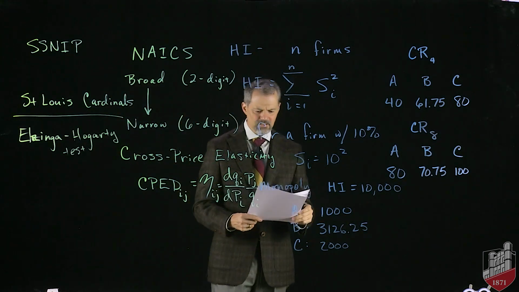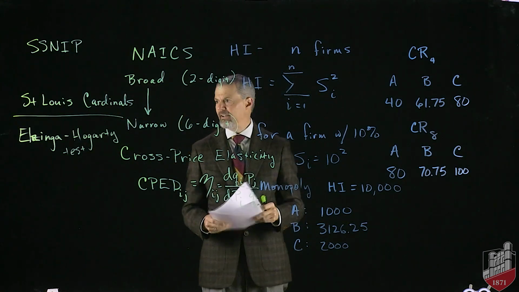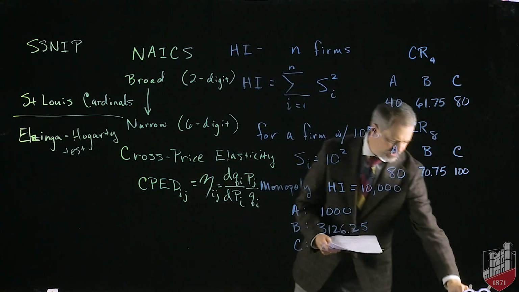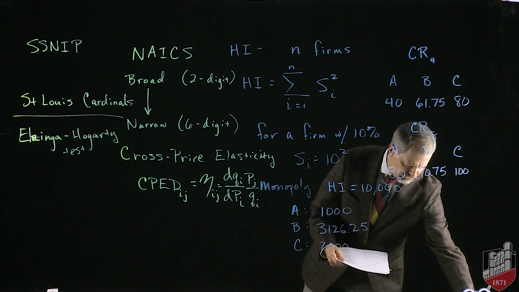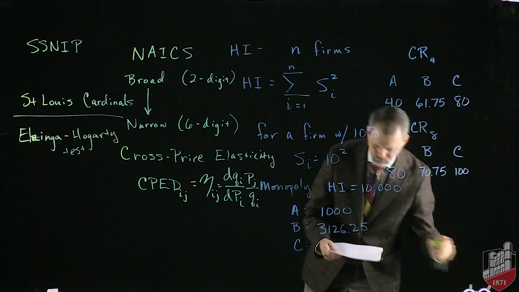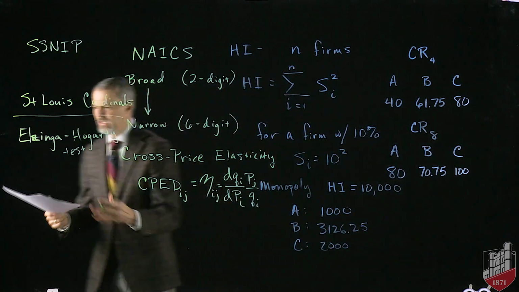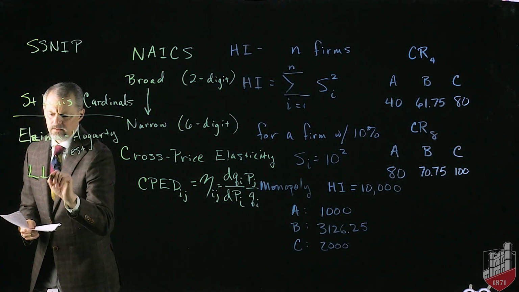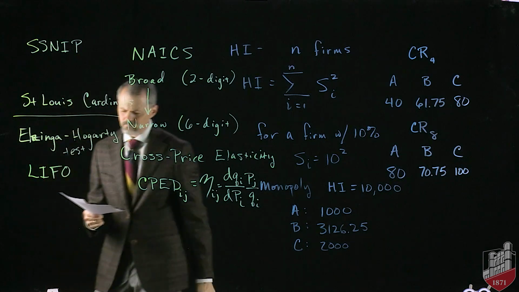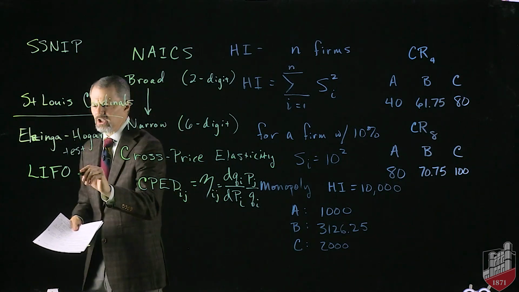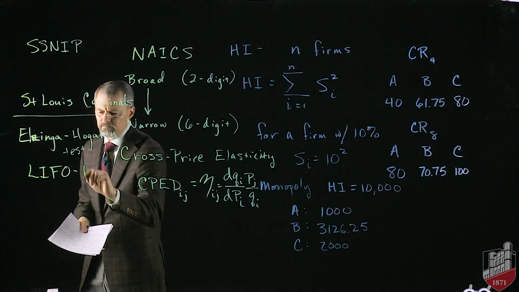And the idea here is that you think about two aspects of the region that you're considering. Those two aspects would be LIFO. This stands for little in from outside.